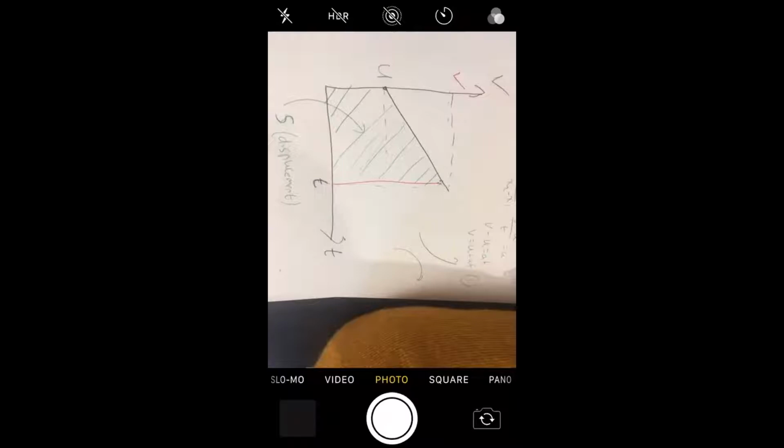In this case, a is this symbol at the top, b is this line at the bottom, and h happens to be this line here.